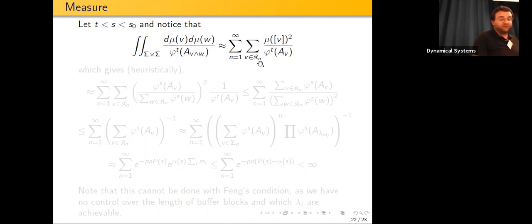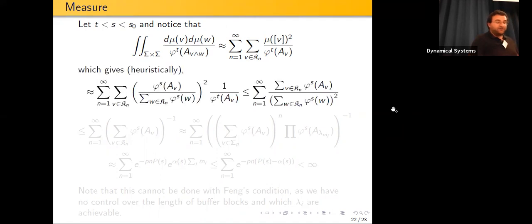So really, you can just try to work out this expression here. And heuristically, this thing here looks kind of like this. This is the Käenmäki measure. It is just the normalized singular value. So you take the singular value function of this letter and it's normalized over all of these, roughly.